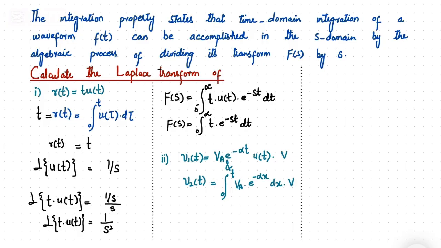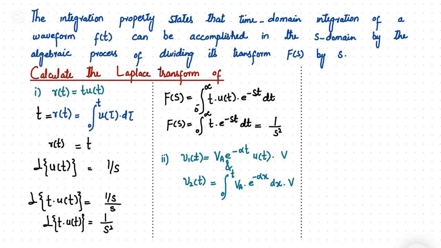I have replaced u of t by 1. Again, we need to apply the integration by parts formula, because we have two functions over here, one is t and the second one is e raised to power minus st. So you can apply the integration by parts formula yourself and solve this integral, and the result would be 1 over s square.